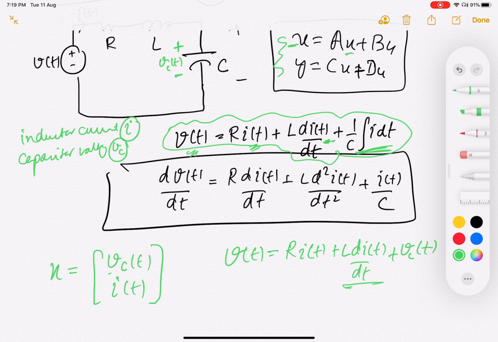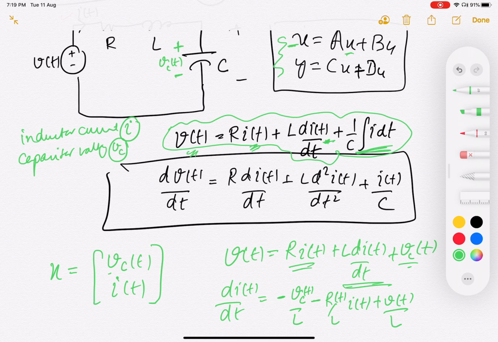Now we can take the derivative term to the left hand side, and we can write di(t) by dt is equal to minus R by L i(t), minus Vc(t) by L, plus V(t) by L. So I've taken these two terms to the left hand side, and divided by L throughout to get this equation.